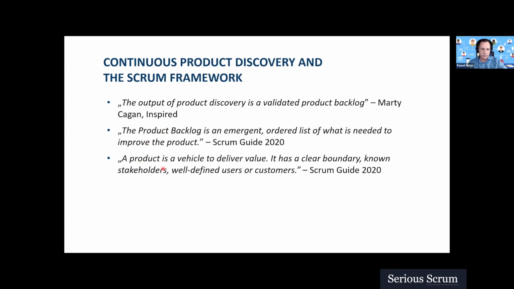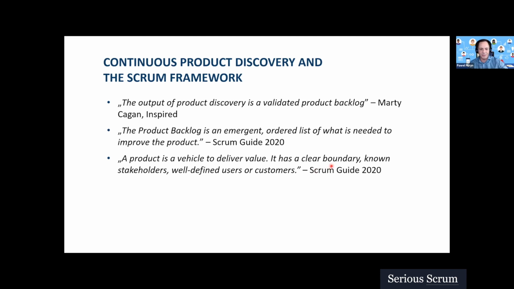And the last quote is regarding the product, that we must have a clear boundary, known stakeholders, and well-defined users and customers. So in my opinion, when we talk about the initial product discovery, when there is no product and we just work on a business model, for example, we create an MVP, which is just a prototype, with no single line of code, it's hard to say that our product has boundaries, because we are just creating those boundaries.